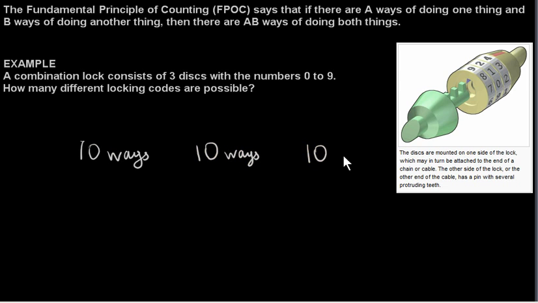And for the third disc, we have yet another 10 ways to position a number on the top position here so that we can open the lock. So in total, by the fundamental principle of counting, we have 10 times 10 times 10 equals 1000 ways of choosing a 3-digit code. And of course, only one of these 1000 codes will open the lock.